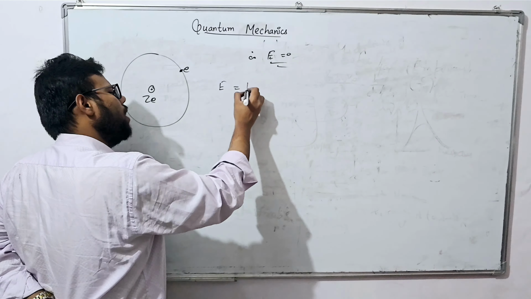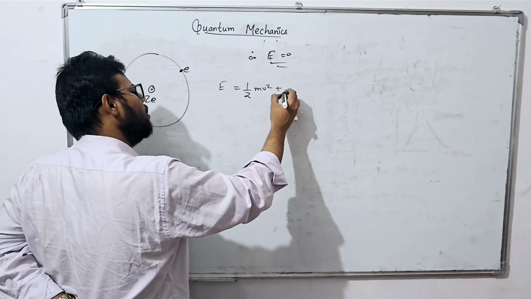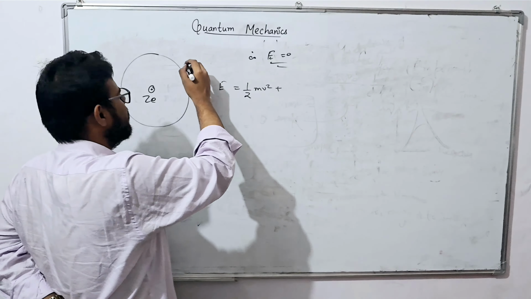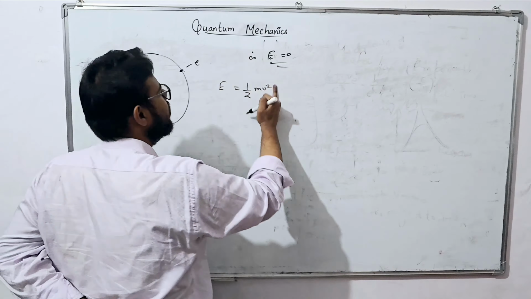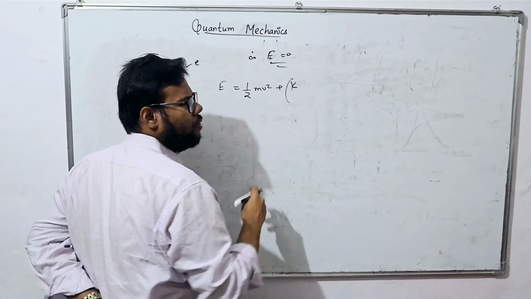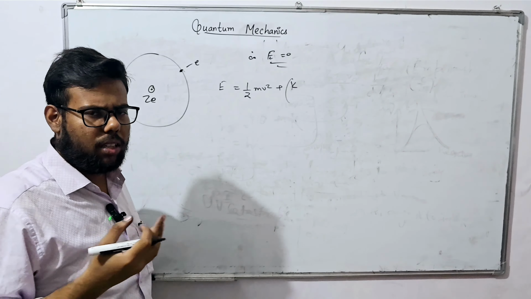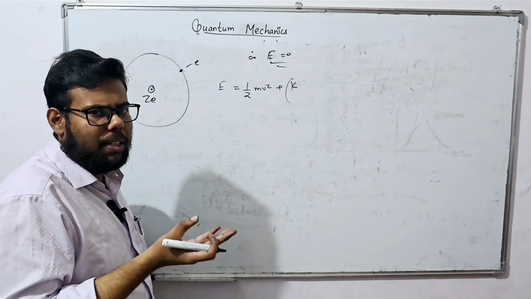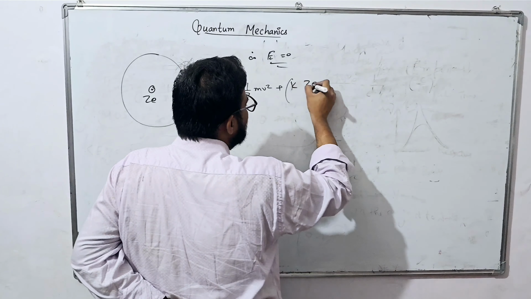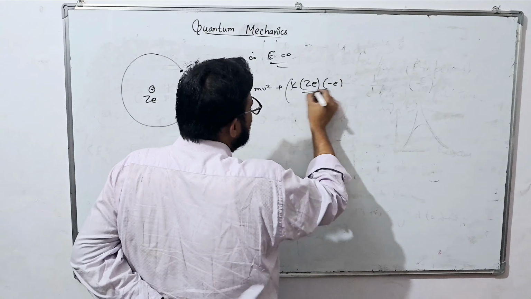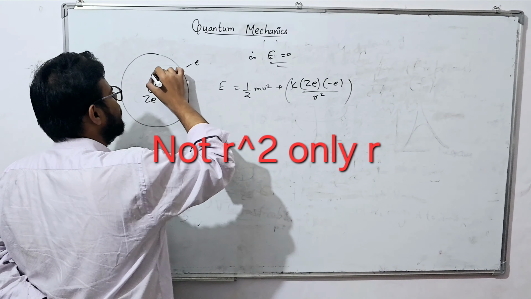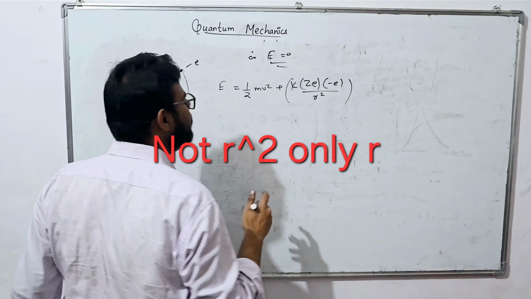Its energy is equal to half mv square plus the potential energy. What is the potential energy? This is a negative charge, so it will be some constant 1 upon 4 pi epsilon, and for free space epsilon naught, k into Ze into negative e by r, and r is the nuclear radius, right?